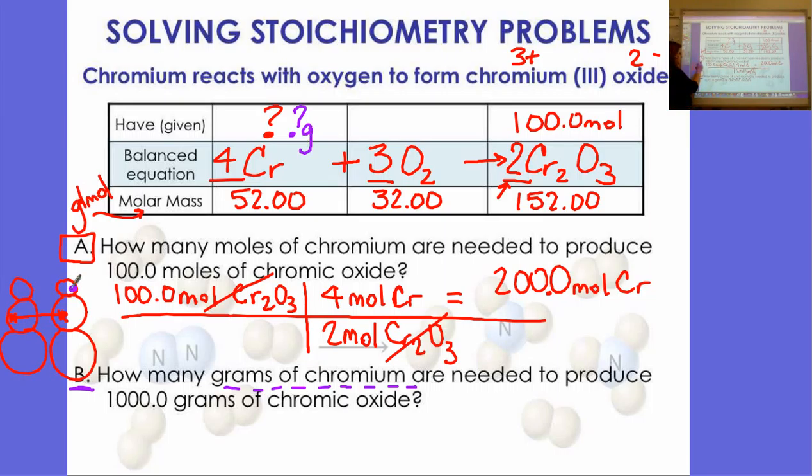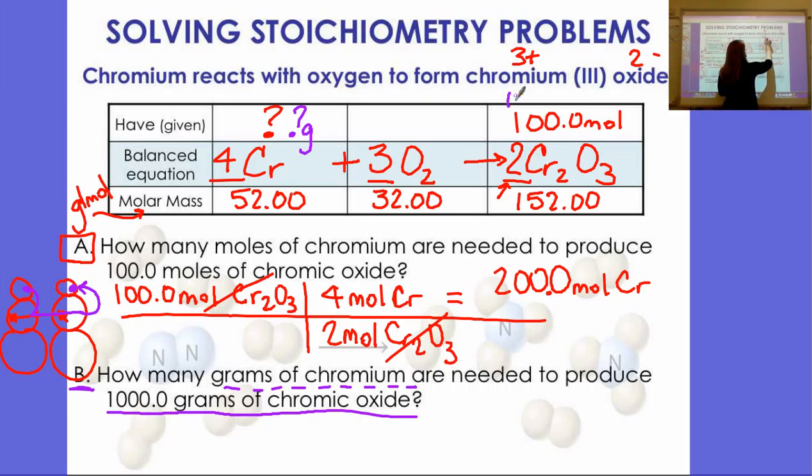I'm trying to get to grams of chromium, so I'm looking on my snowman, are needed to produce 1,000 grams of chromic oxide. Now what do I have to do? How many steps is this going to be? First I have to take grams to moles, then do my mole ratio, and then go moles to grams. This one's going to be 3 steps.